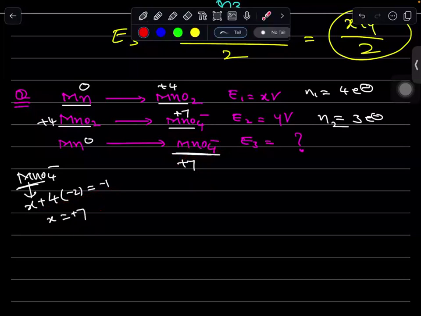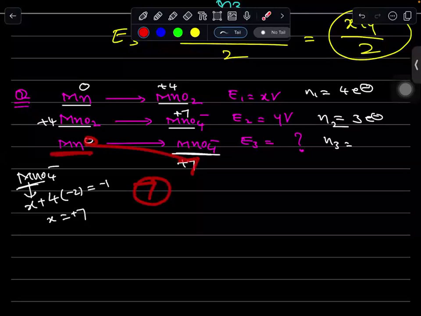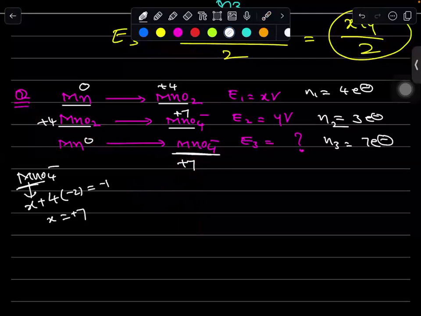So what is the number of electrons involved in N3 here? Change in oxidation state, how much? Here 0, here 7. The change is 7 units, and the number of manganese involved is 1. So 7 into 1, 7 electrons are involved.